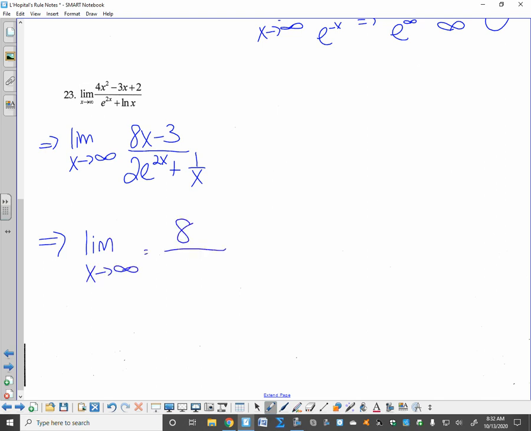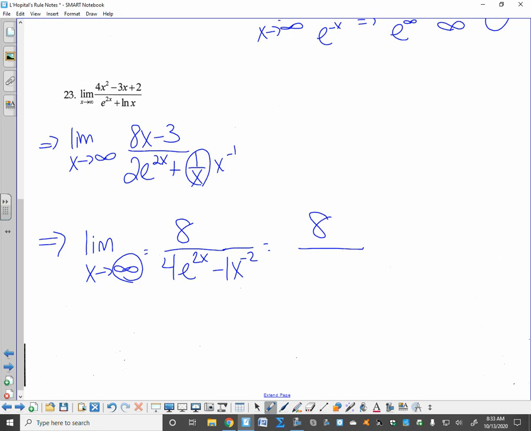Top goes to 8, that's nice. 2e to the 2x times 2, so 4e to the 2x. This is x to the negative 1, so minus 1 x to the negative 2, headed to infinity.